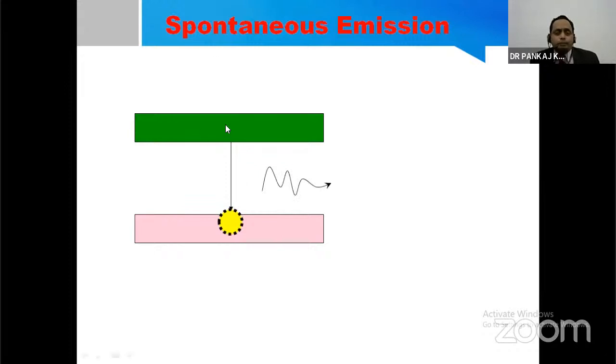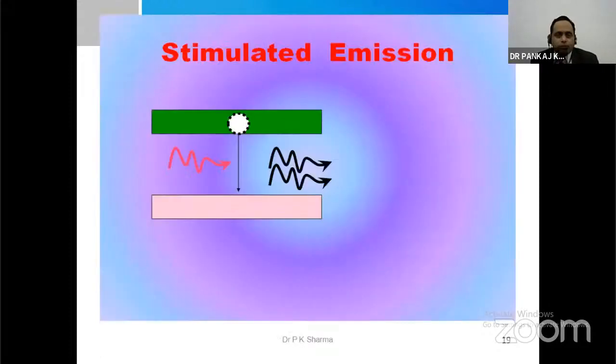So in spontaneous emission, a photon of the appropriate frequency is released. This released photon is incoherent because the de-excitation process is not constant with respect to time, and the emission of this photon is not fixed with time, so it behaves as incoherent. Incoherent light is not useful in laser action, so laser could not work on the principle of spontaneous emission. Now we will see the next phenomenon, stimulated emission.